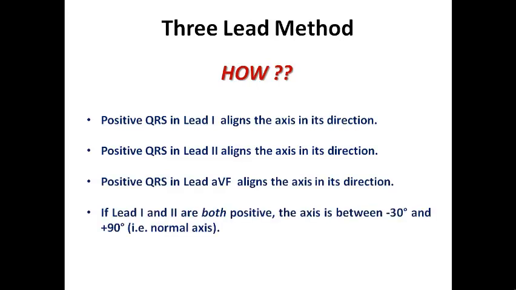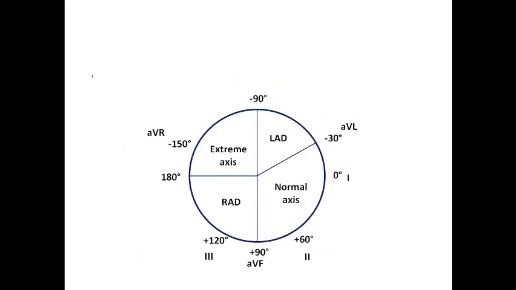So if lead 1 and 2 are both positive, surely the axis is between minus 30 and plus 90 degrees, and it is normal axis. So the issue is when only lead 1 is positive. This is the big deal. Let's apply this. For example, lead 1 here is predominantly positive, so it is directed towards its positive pole, towards 0 degrees.